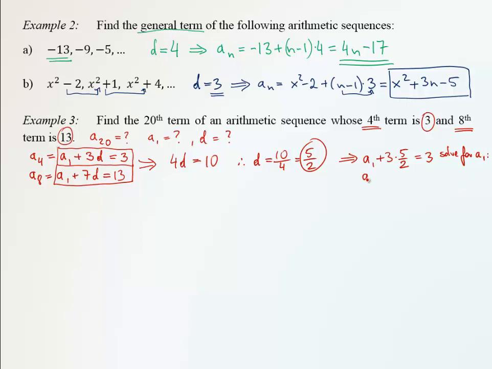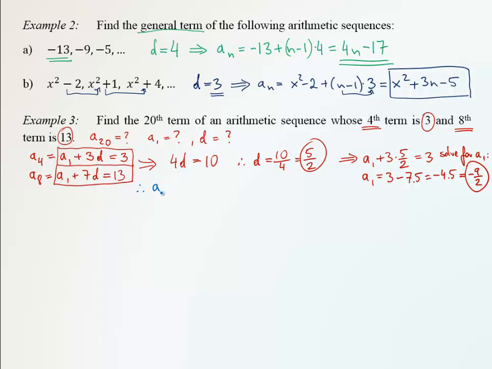So a1 equals 3 minus this whole number, which is 15 halves. Well, 15 halves is like 7.5. So 3 minus 7.5 is negative 4.5, or as a fraction, negative 9 halves. Okay, so we have a1, we have d. Now we're ready to give the final answer.